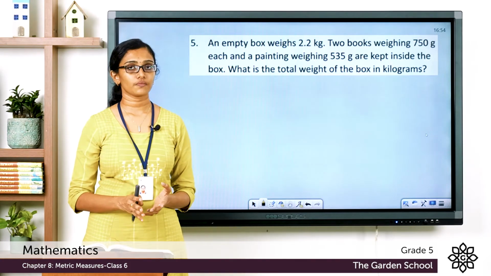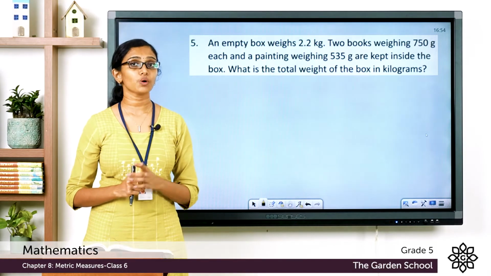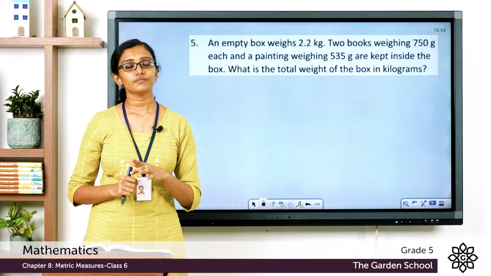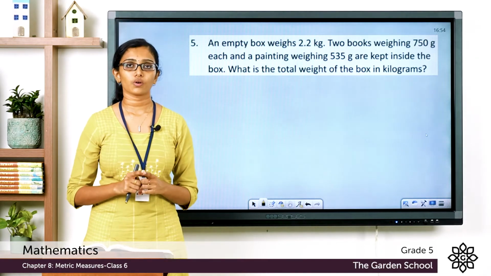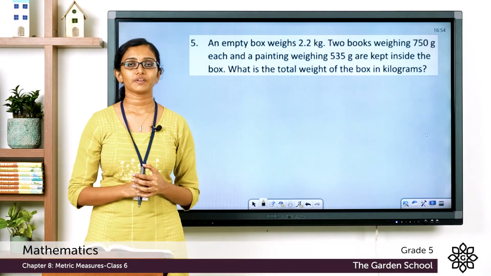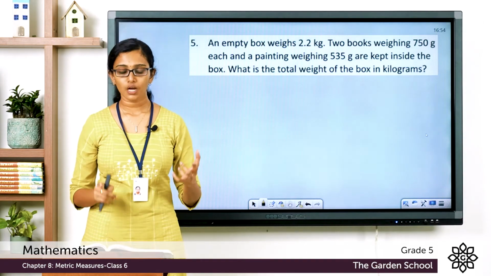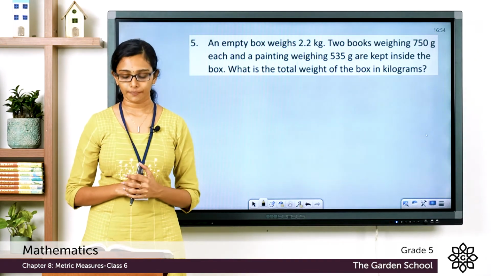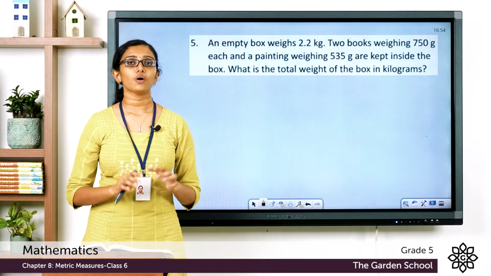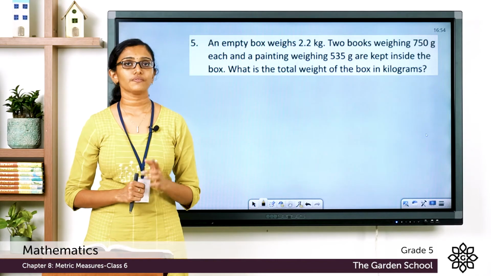You are given the weight of an empty box and then the weight of 2 books, and each book weighs 750 gram, and here 2 books. So, the total weight of 2 books would be equal to 2 into 750 gram. And then you have a painting also, and that painting weighs 535 gram. You have to find out the combined weight or the total weight of all these in terms of kilograms.